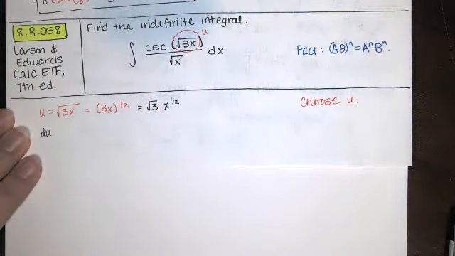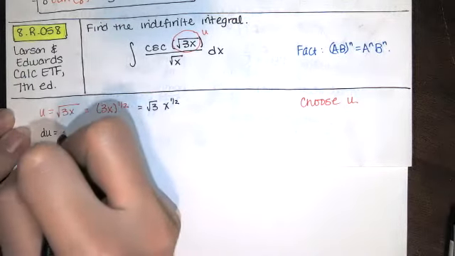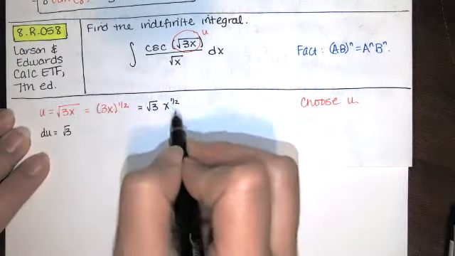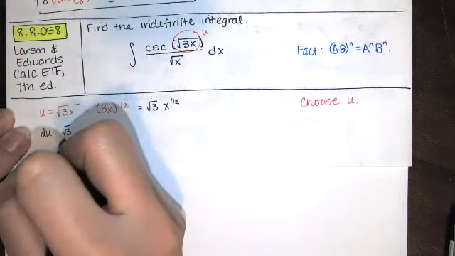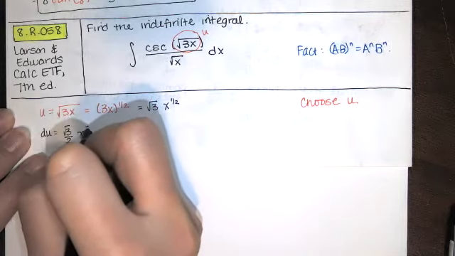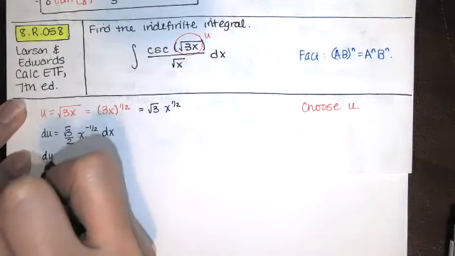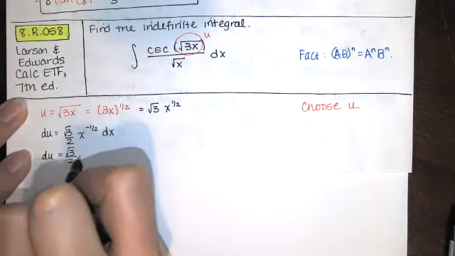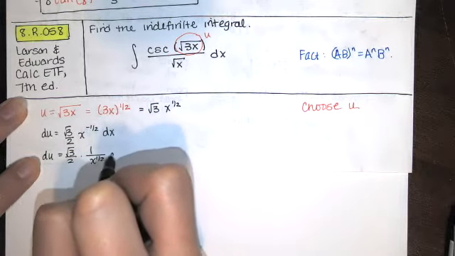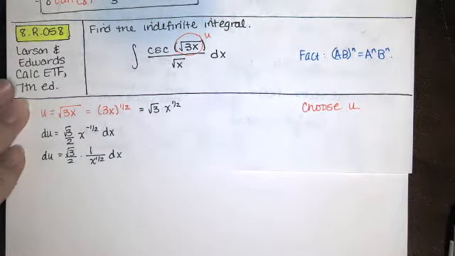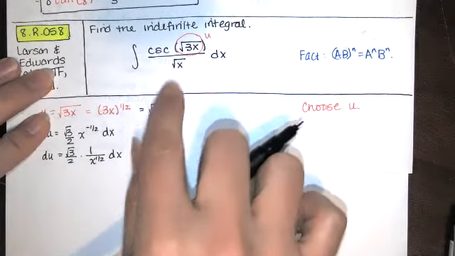So if I write u in this form, when I compute du, we just bring the square root of 3 down, and then we multiply by the derivative of x to the 1/2. So we bring the 1/2 down, and then we multiply by x to the 1 less power. And that's pretty nice. We know that x to the negative 1/2 is the same as 1 over x to the positive 1/2, and that's what we have right here.